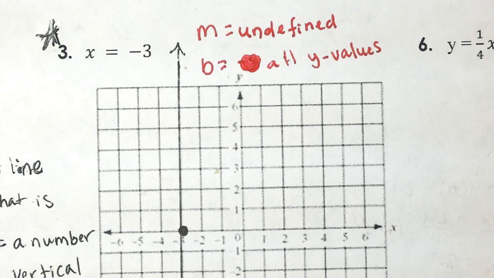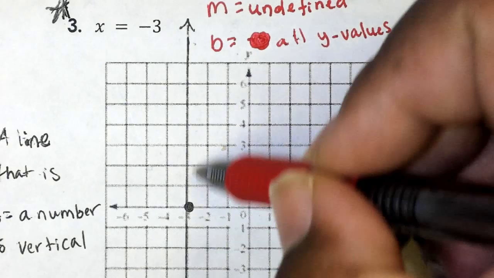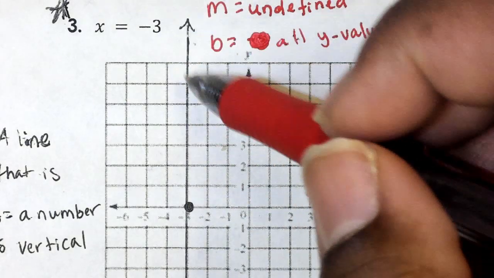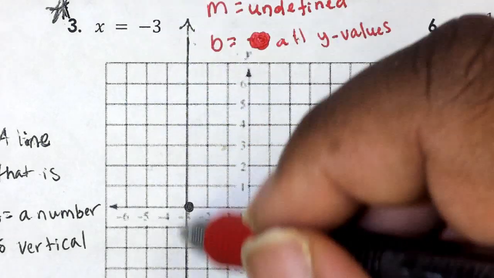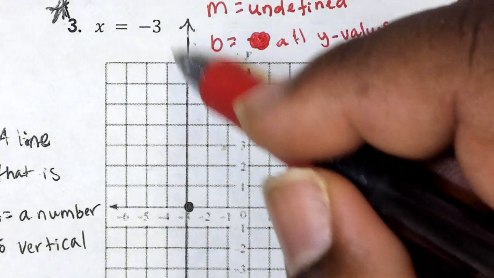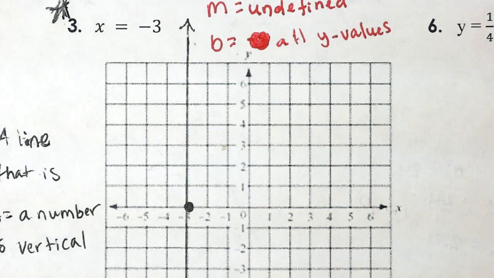Your y-intercept is all y values, because this line goes on infinitely in the y direction. Any value of y would be on y-intercept.